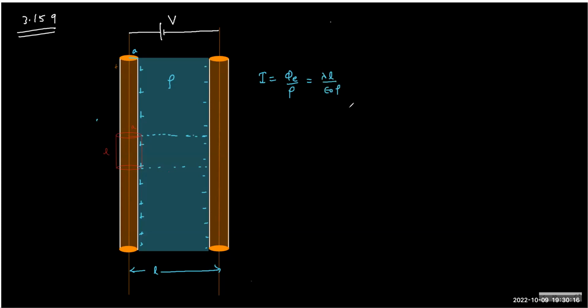All right, so this is the current, and the current remains the same as we know. So the resistance of this part, R of length L, will be how much? V by I. V is given, and I we can write with lambda L. Rho epsilon naught.